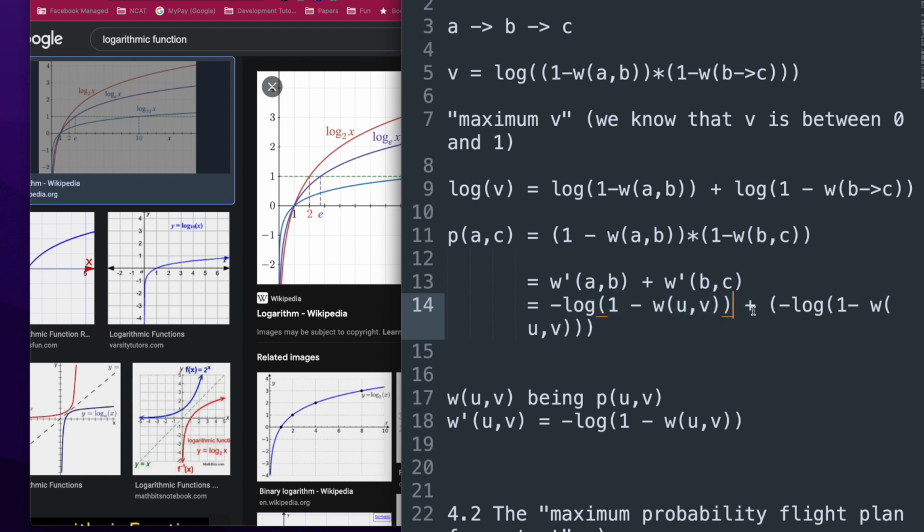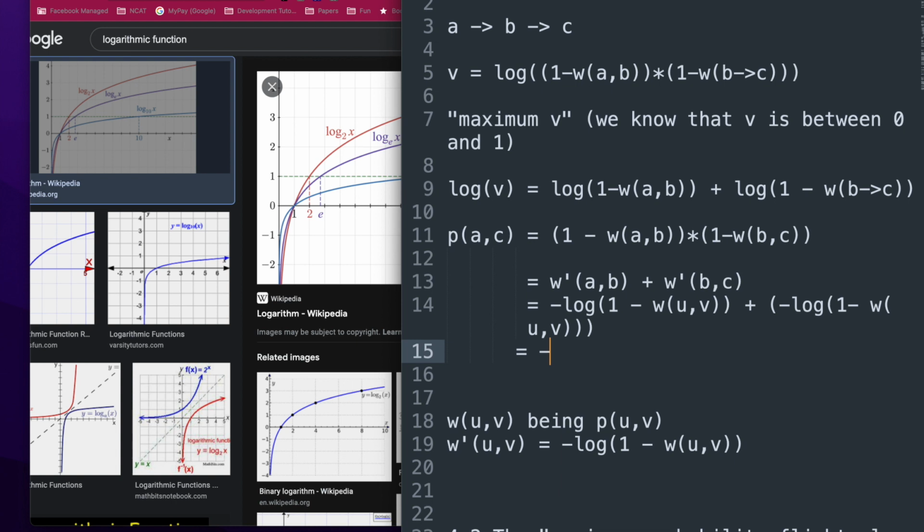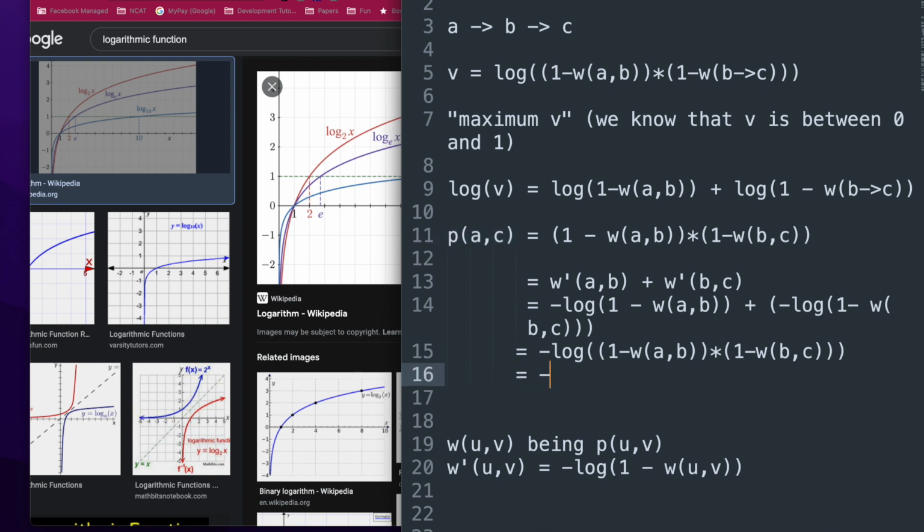Again, by the fact that adding logs means you can multiply them, this is equal to the negative log of 1 minus the weight AB times 1 minus the weight BC, which is actually the reliability of A to C. So this is equal to the negative log of PAC, right?